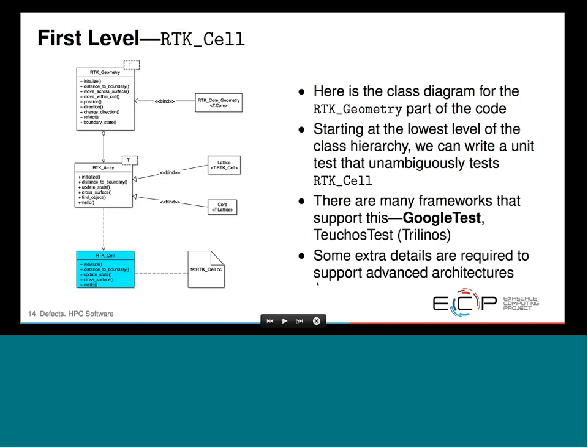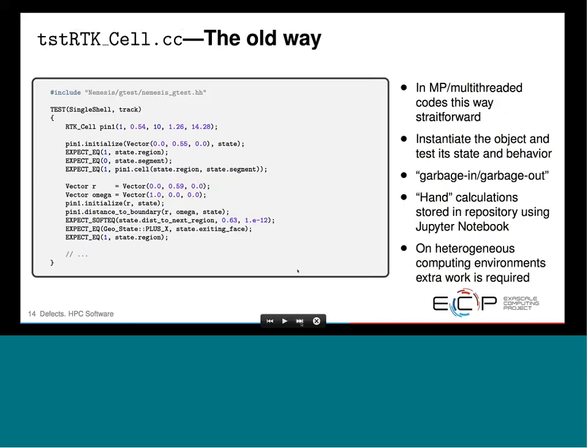There are lots of frameworks that support this type of testing. We use Google Test. For those of you familiar with Trilinos, they have something similar called Teuchos Test. I'm sure there are myriad other ones with various levels of features. You can also roll your own. The details aren't super important, but I would certainly recommend looking at some of the other testing frameworks before you spend a lot of time rolling and maintaining your own.